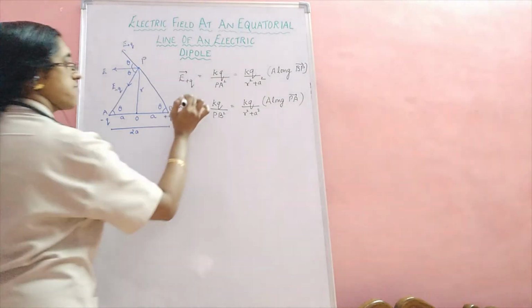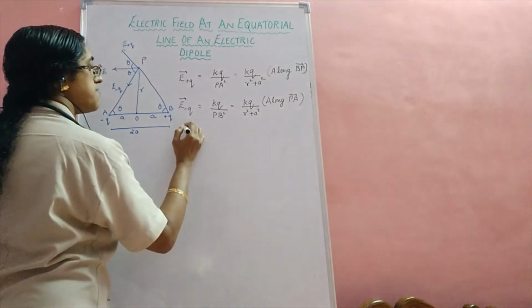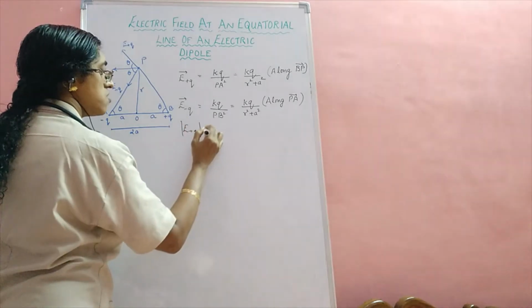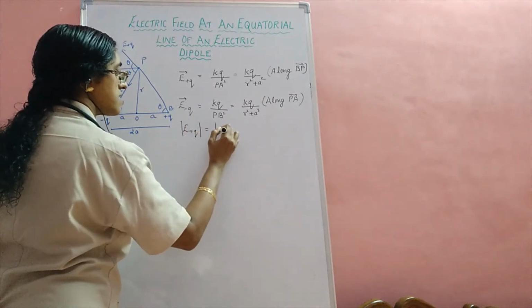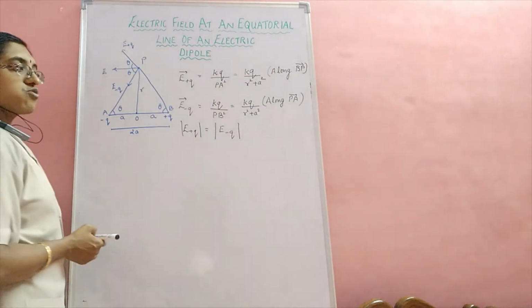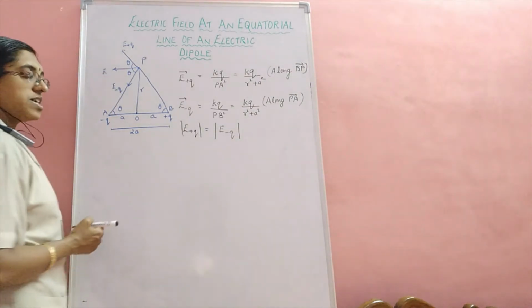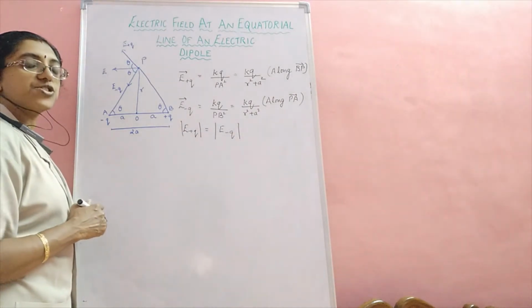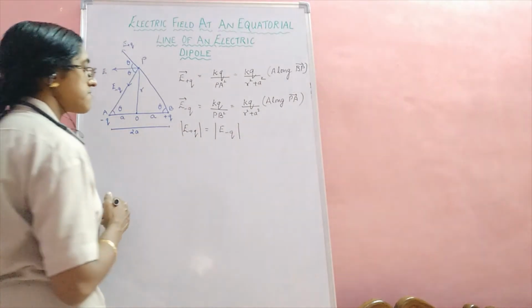Now, we can see that the magnitude of E plus Q is the same as the magnitude of E minus Q. Both are equal, right? The magnitudes are equal, only the directions are different.